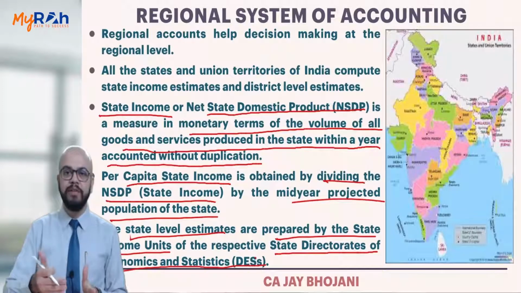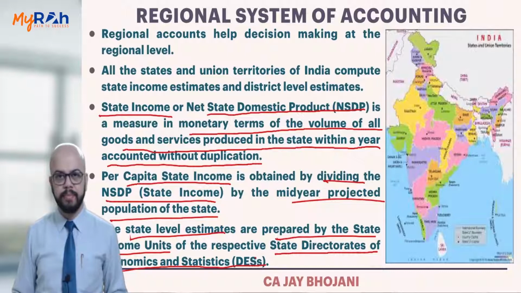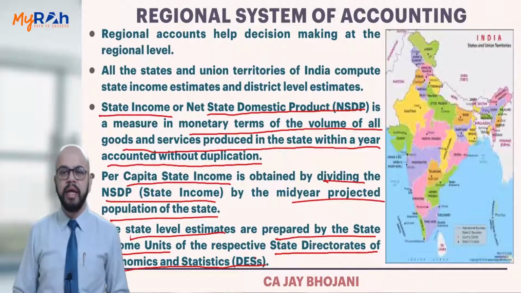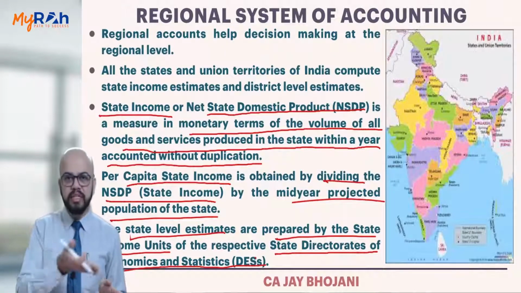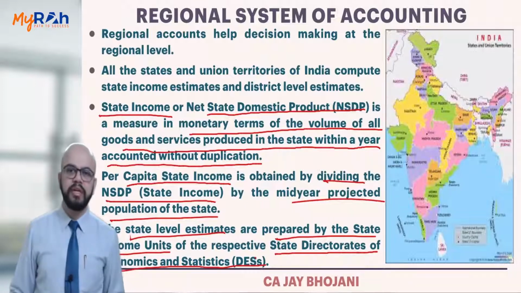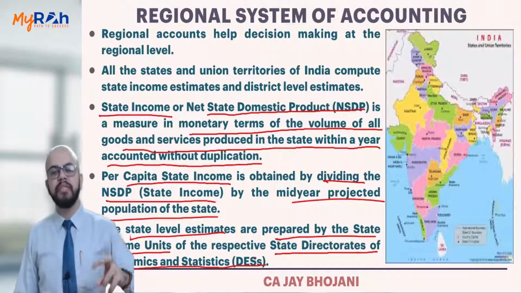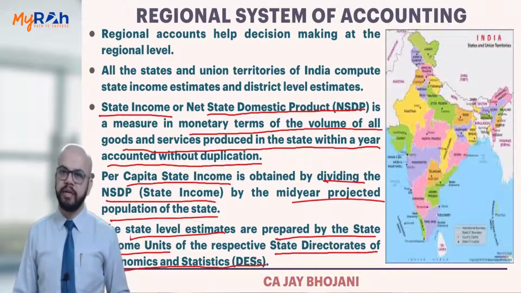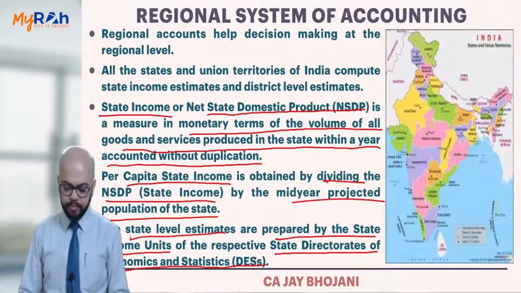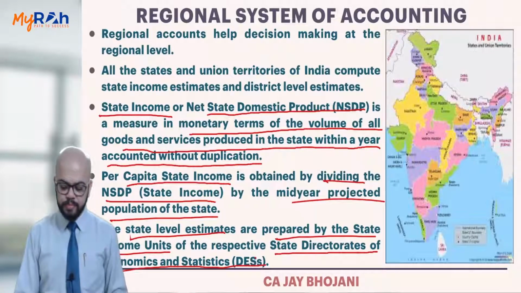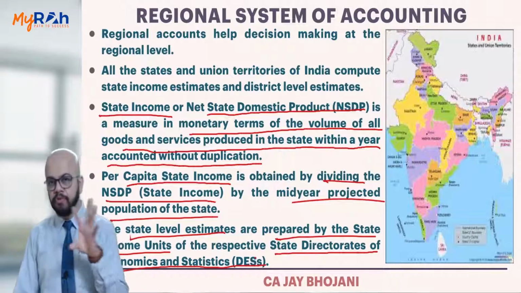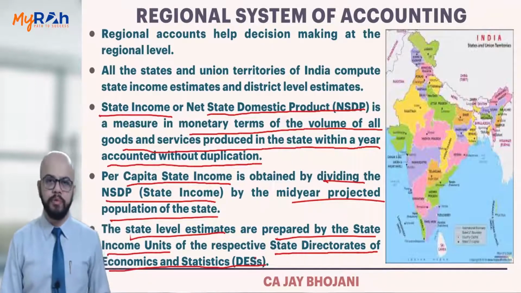Each state will have their own DES. And there are these state income units working under them, and they will be the ones measuring the state incomes. So this is an overview of regional system of accounting.